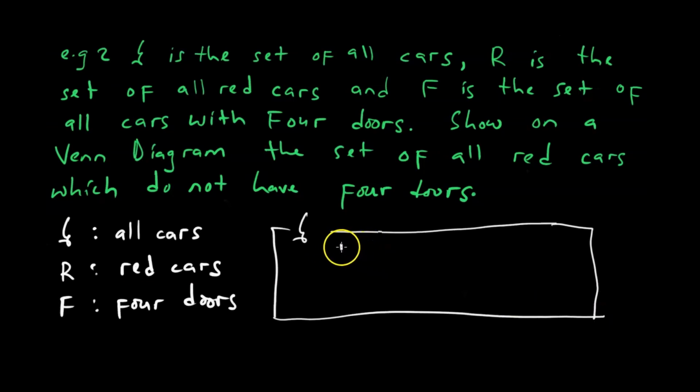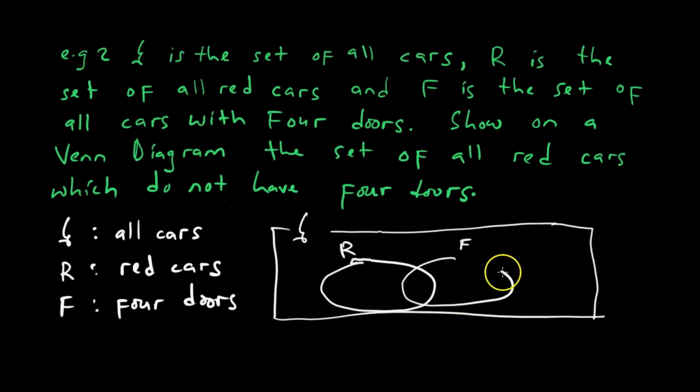We have a subset R, then we have subset F. We are going to assume there is an intersection. Then reading our question, we have to show on a Venn diagram the set of all red cars which do not have 4 doors. So in essence, our question is asking for a complement.